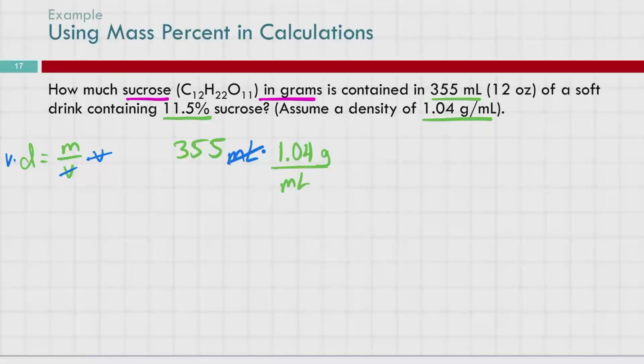So 355 times 1.04, we get 369.2. And we'll retain 3 significant figures.